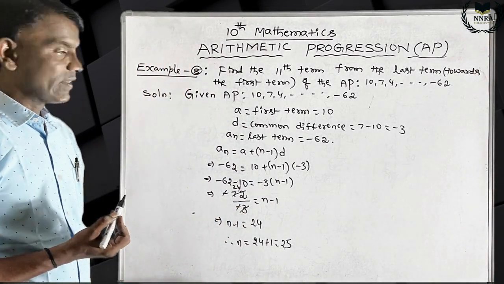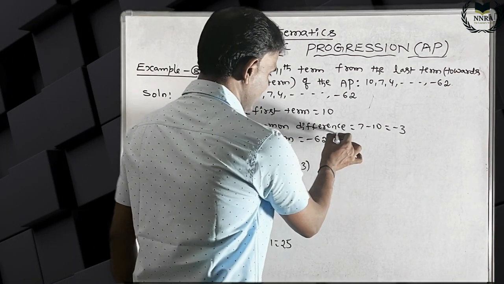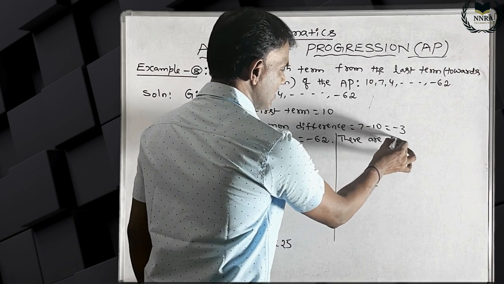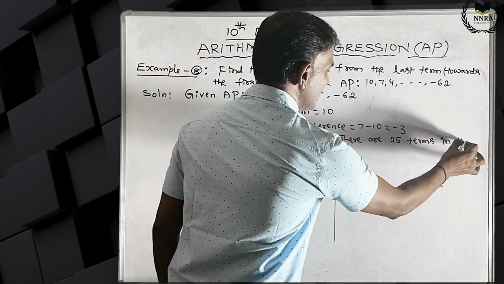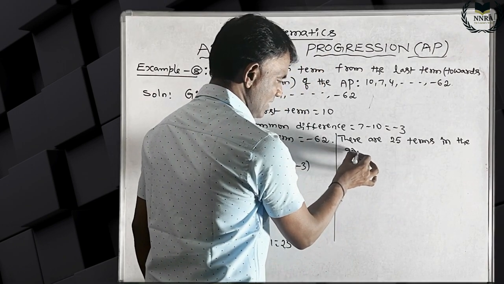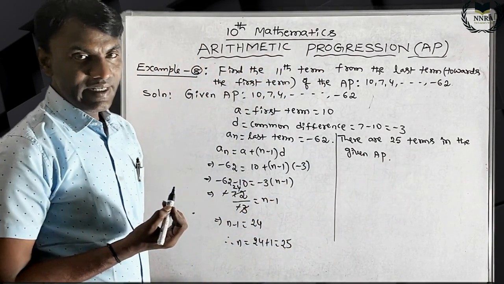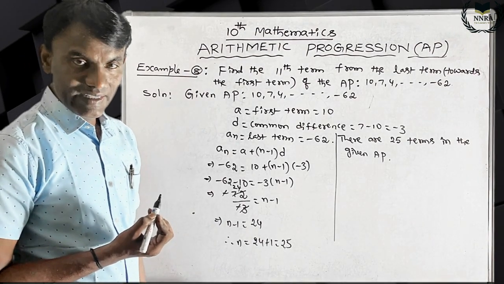We want the 11th term from last, correct? So now I am writing here: there are 25 terms in the given AP. Now we find the 11th term from the last term, that is the 15th term.